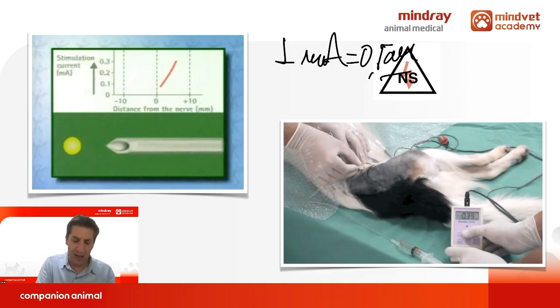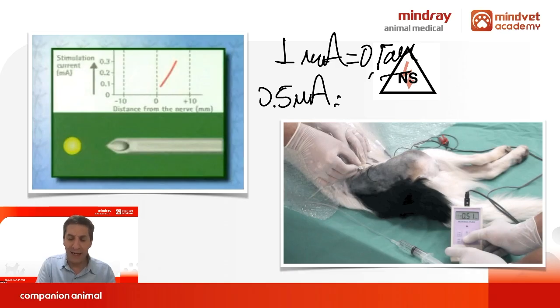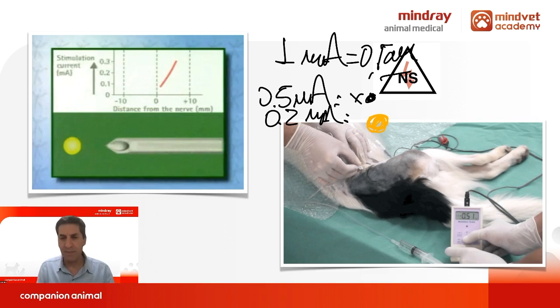And if we have myoclonus with 0.5 milliampere, we are practically in contact with the nerve. And if we have myoclonus with 0.2 milliampere, that means we are inside the nerve.